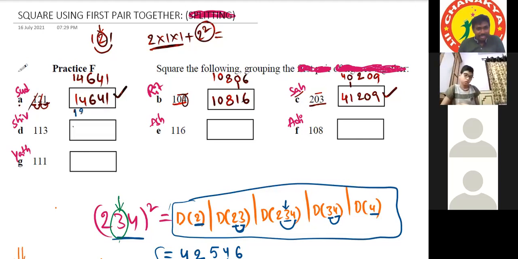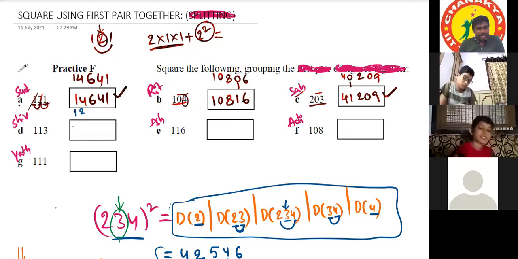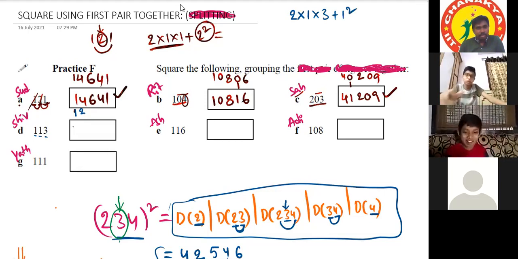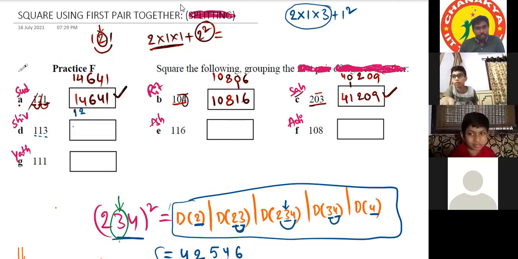Then the duplex of 113 is 2 into 1 into 3 plus the middle number square, 1 square. How much is it? 6 plus 1, 7. The end digits product doubled, plus the middle digit square.